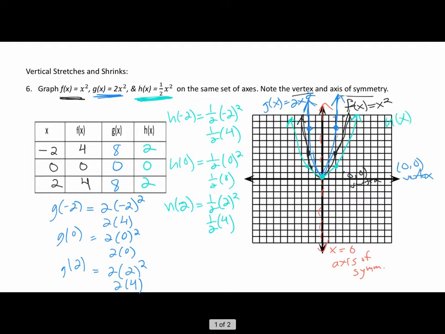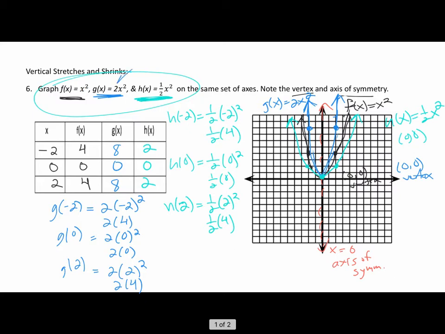h of x is 1/2 x squared. And you'll notice that the vertex is the same for this function as well. So all of these functions have the same vertex. That did not change because we did not shift horizontally or vertically. What did change is the coefficient.